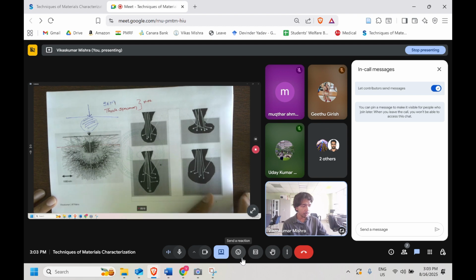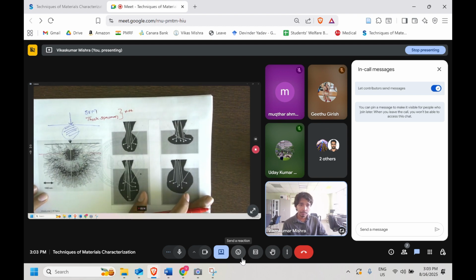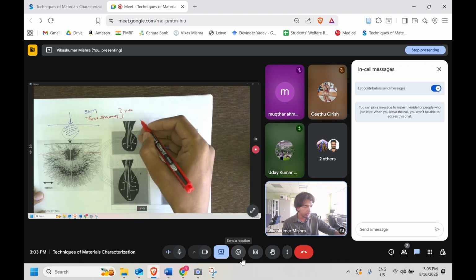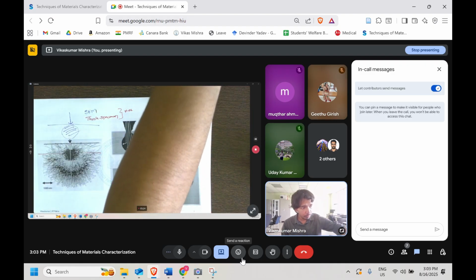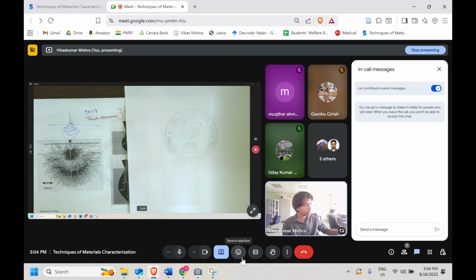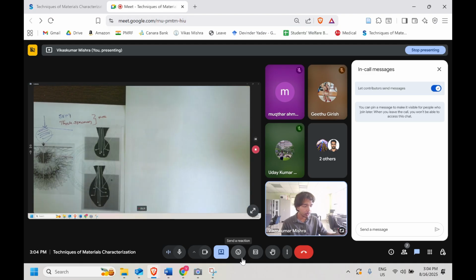Now, all of us together will write a few things over here. This is case one. Let's only consider these two diagrams.